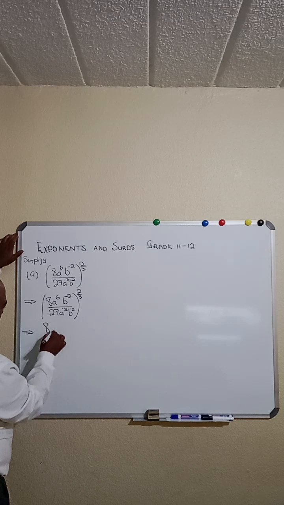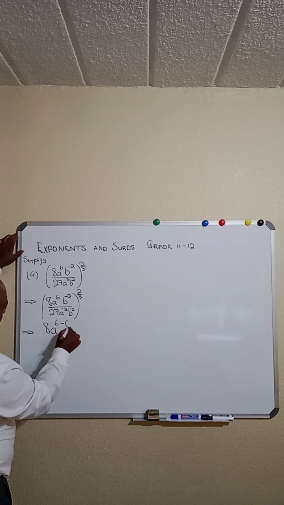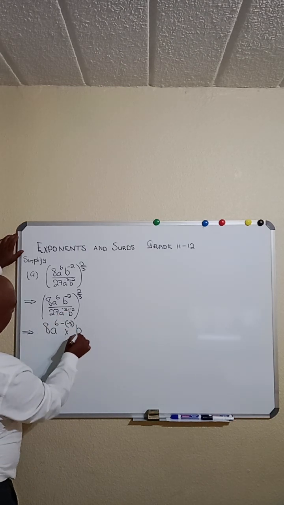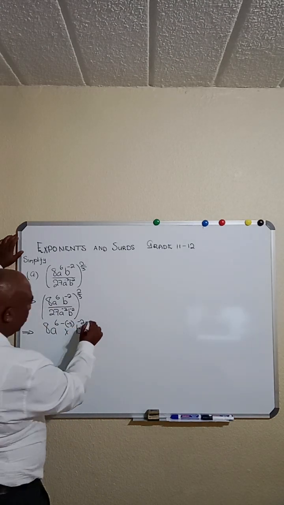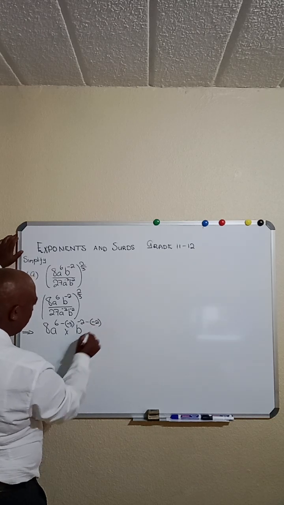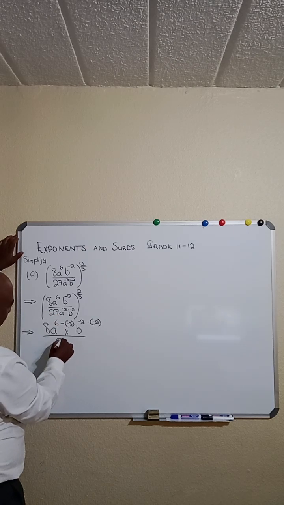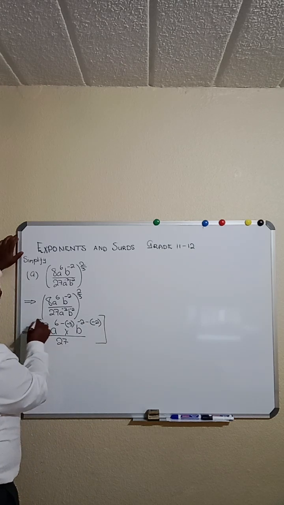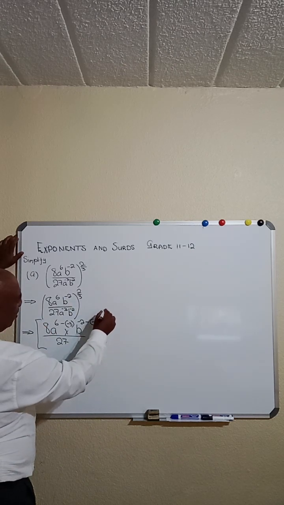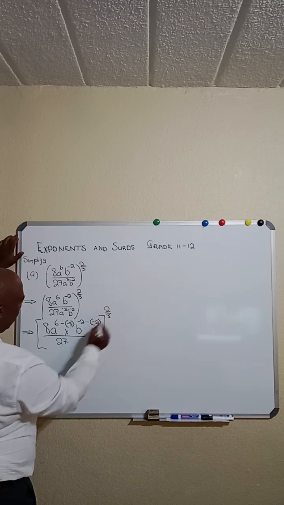So it's 8a to the power 6 minus minus 3, times b to the power minus 2 minus minus 2, and then divided by 27. We're left with 27 here, and don't forget the power that is outside the brackets, 2 over 3.